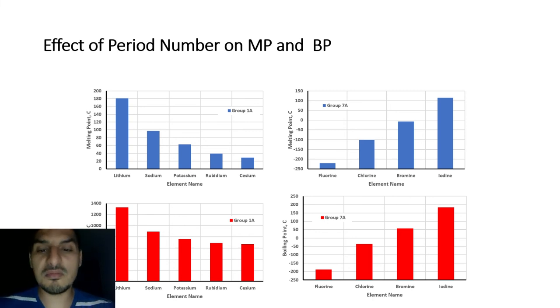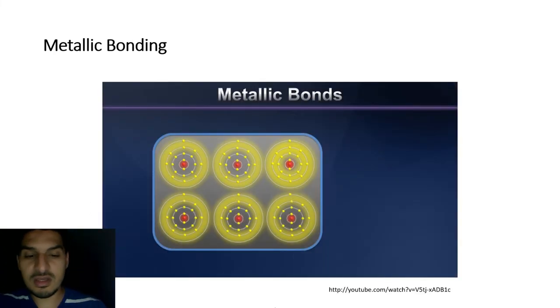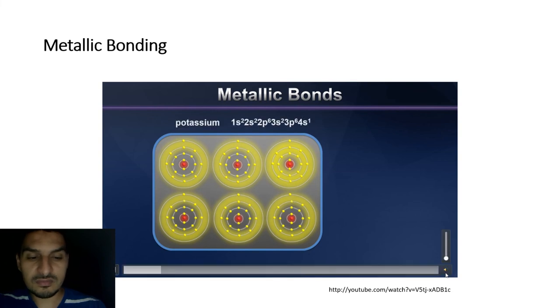And this is because the factor that's affecting the melting and boiling point is not the atomic weight actually here. The factor that's affecting it is what we call the metallic bond. To understand the metallic bond, let's take a look at this video. And it gives you an example on potassium.